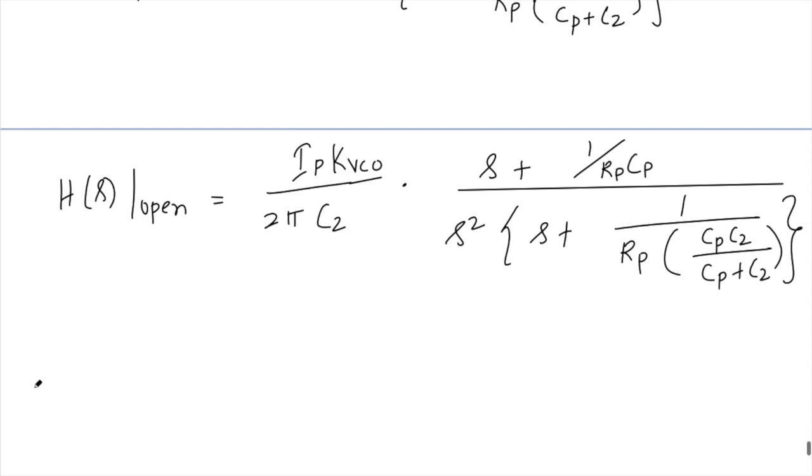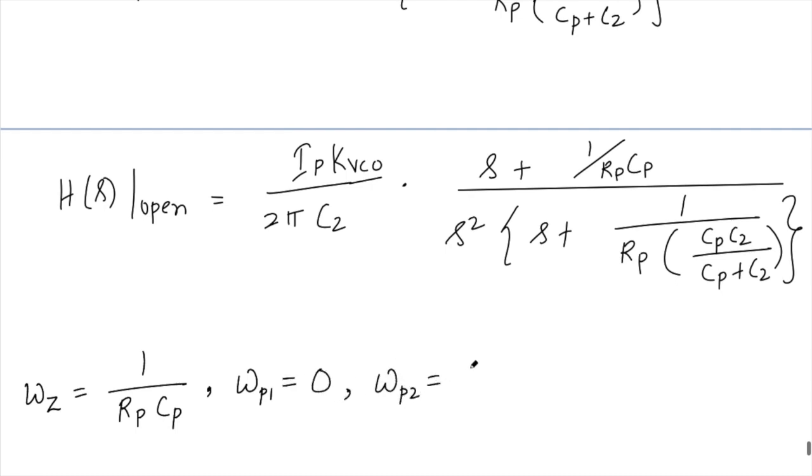So my 0 is located at 1 by RPCP. My first pole P1 is located at 0. My second pole P2 is also located at 0.